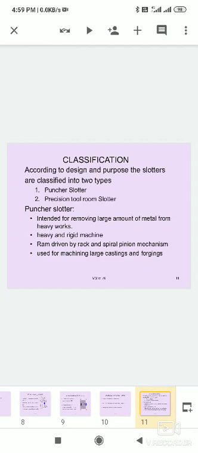First one is the punch slotter, intended for removing a large amount of metal from heavy work.